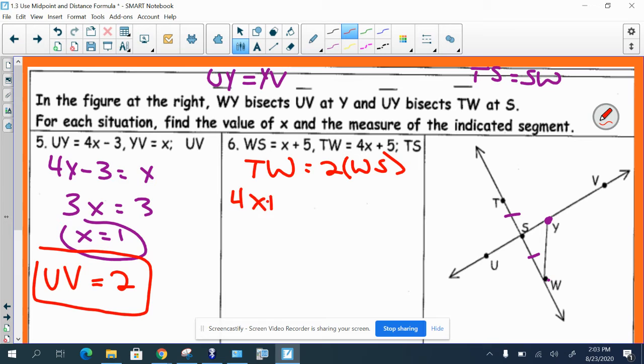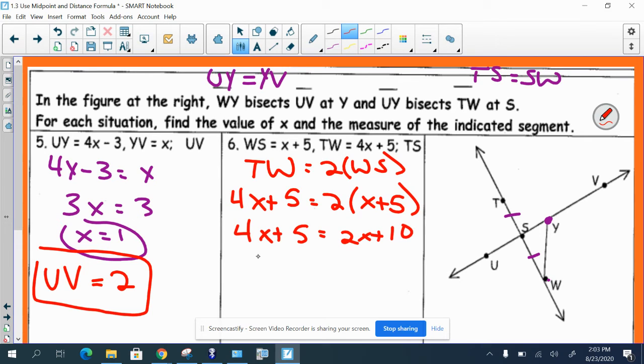So 4x plus 5 equals 2 times x plus 5. Okay, so distribute the 2, and then solve for x. 2x is 5, and x equals 2.5.